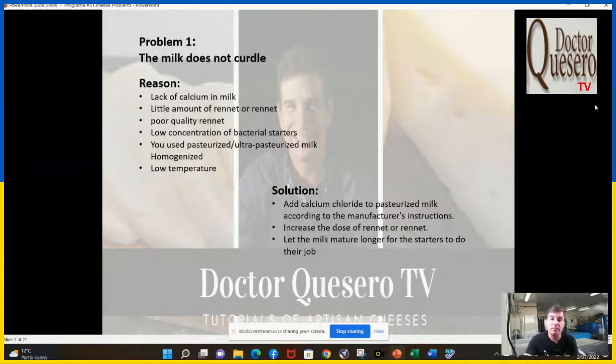Or sometimes the lactic culture that you're using hasn't developed enough acidity or enough lactic acid, so you need to let them develop more lactic acid so you can get a stronger curd. Okay, another solution is to use non-homogenized milk. You can use pasteurized milk, but you have to use non-homogenized milk.